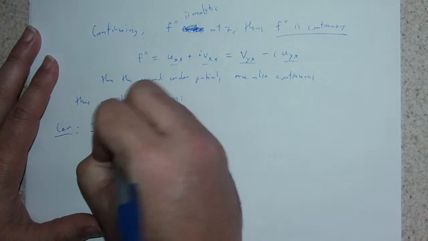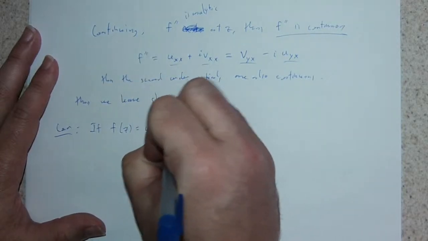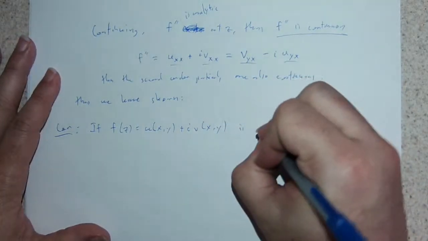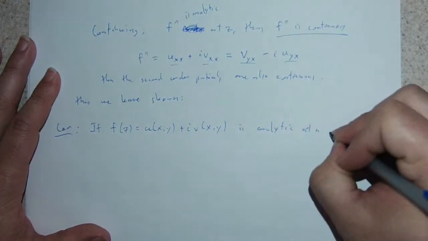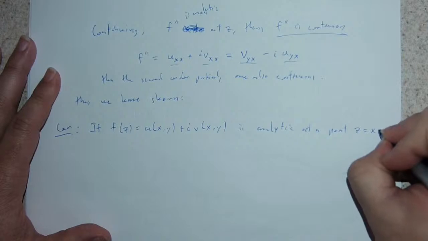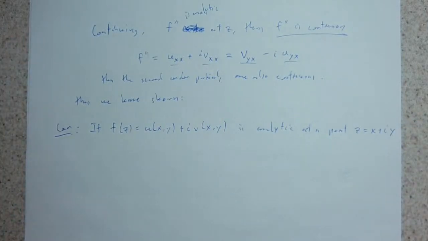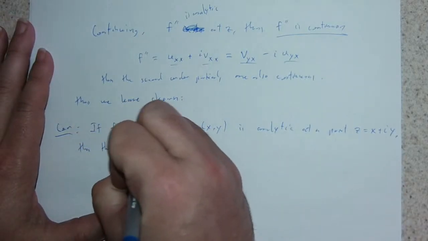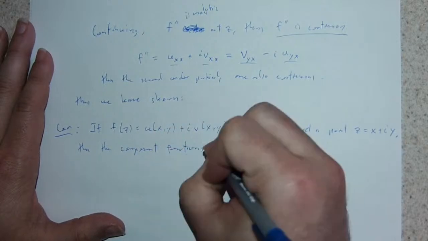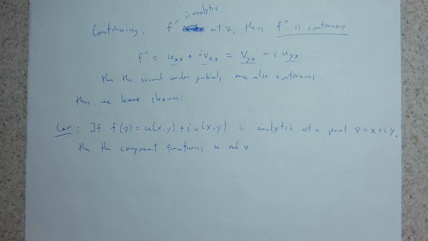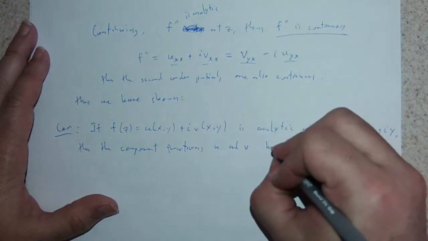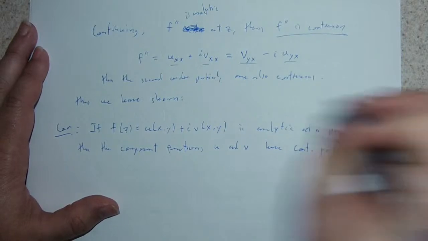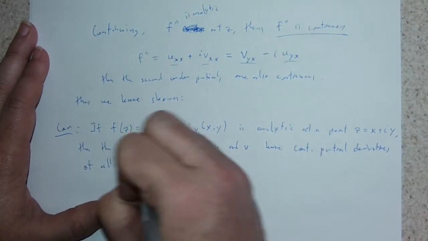So if f of z is equal to u of x,y plus i v of x,y, written in the usual way, and this is analytic at a point z, which is x plus iy, or (x,y) written as an ordered pair, then the component functions u and v have continuous partial derivatives of all orders at that point.